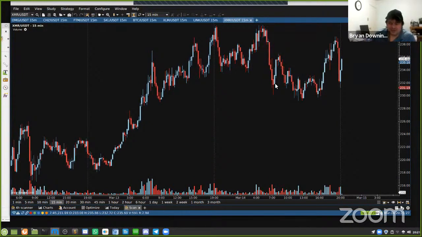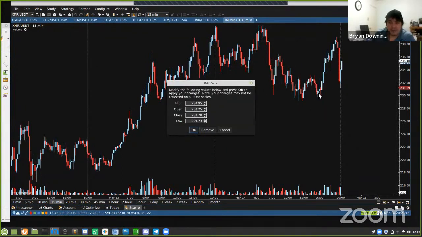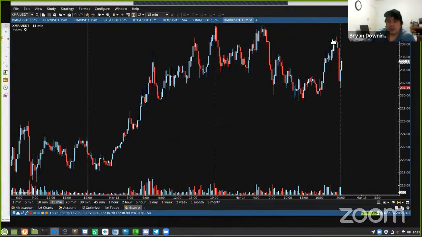This one's a very sudden move, 235 all the way up to roughly 235. So it's not a big move there, but this one's the big one. You can see here at 15:45, 230.70, all the way up to 237. So 1 or 2%, not much, but still.